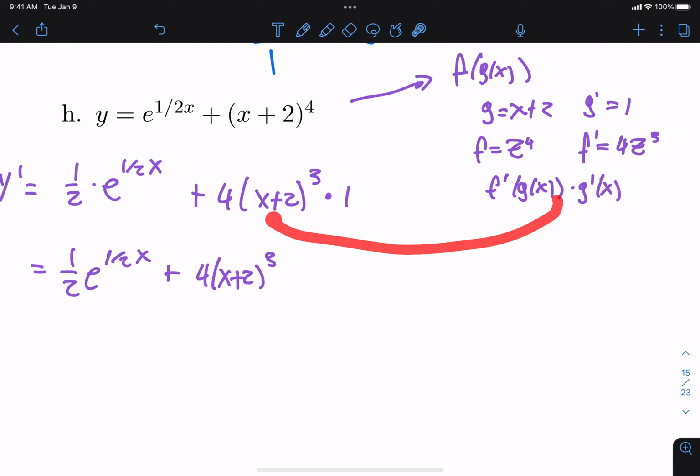And that's what got written here. But I just sort of skipped this process because after a while you'll start to recognize when you need to use the chain rule, and you probably won't want to write all of that stuff out every single time because it's sort of time consuming. But if you want to, you can always do this method to help you organize your thoughts on the page.